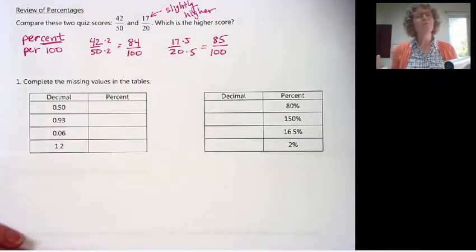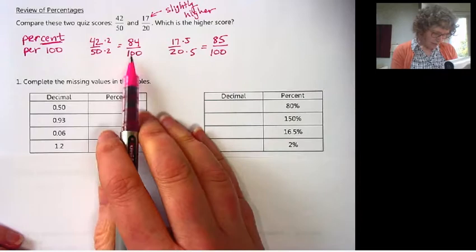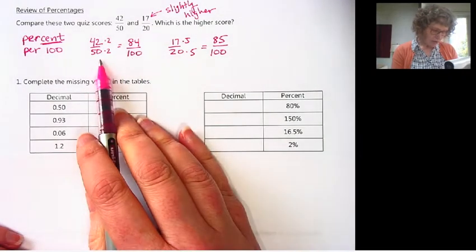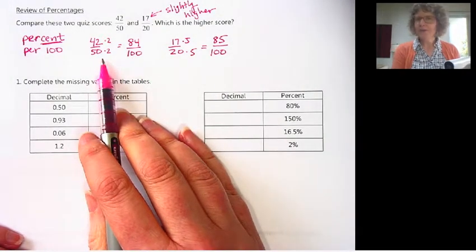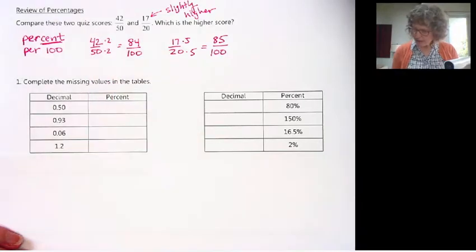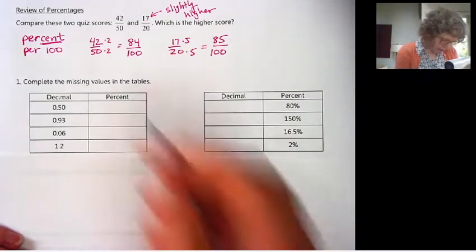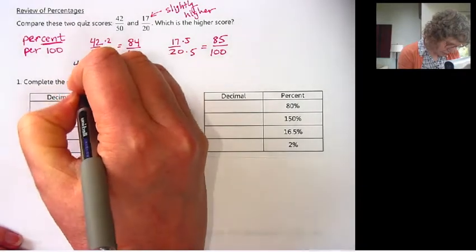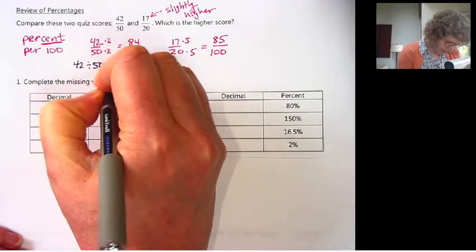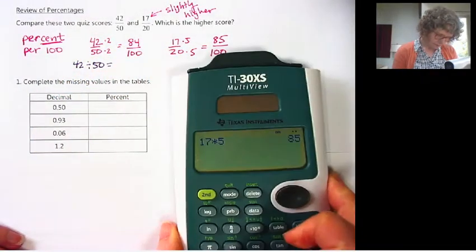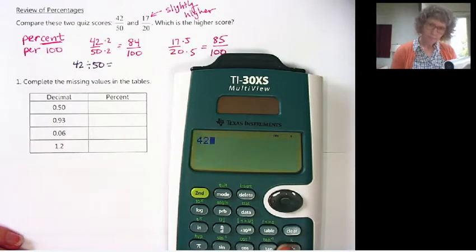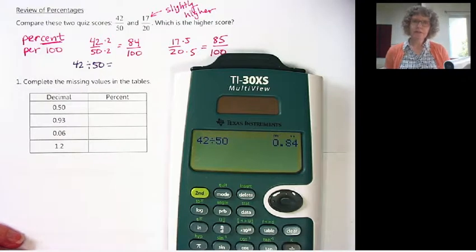Okay, now you might be saying not every number goes into 100 evenly, and so there's got to be a better way. If we had a denominator of 24 or 18 or something that doesn't go into 100 quite so nicely, there's another way to do it. If we take 42 divided by 50 on our calculator, that gives us a decimal.